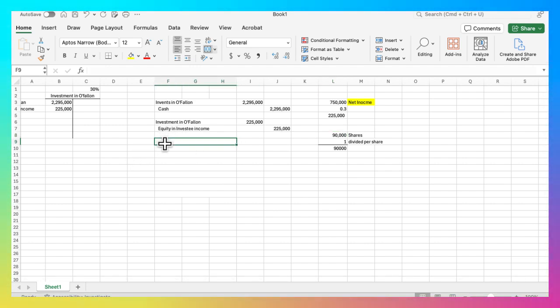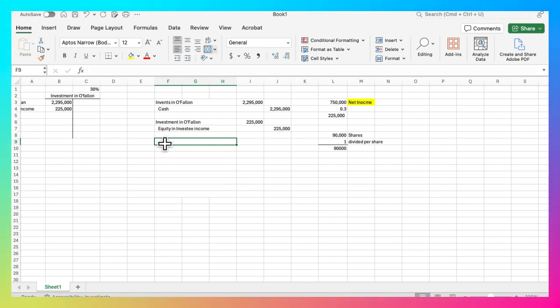So what we're going to do is our journal entry, because remember, we've got to do the journal entries, then we've got to post. By posting the dividends, we as the investor are decreasing our investment account for the share of the investee's cash dividend.